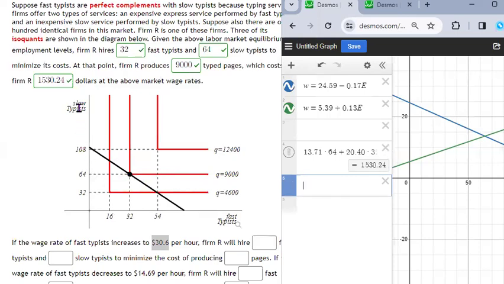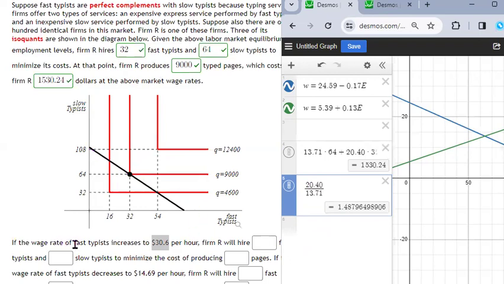I have the slow typist on the y-axis. I got the fast typist on the x-axis. So the slope of this black line is the fast typist wage, $20.40, divided by the slow typist wage, which is $13.71. So the slope here is 1.48, roughly 1.5, right? It's negative because it's downward sloping.